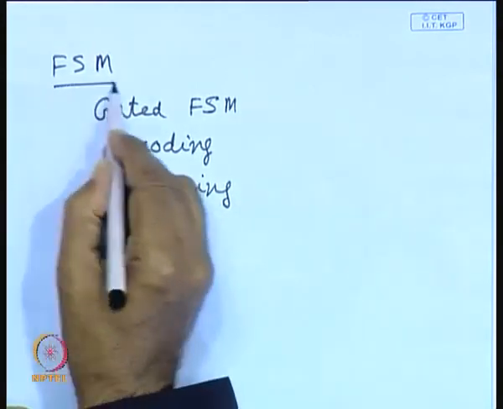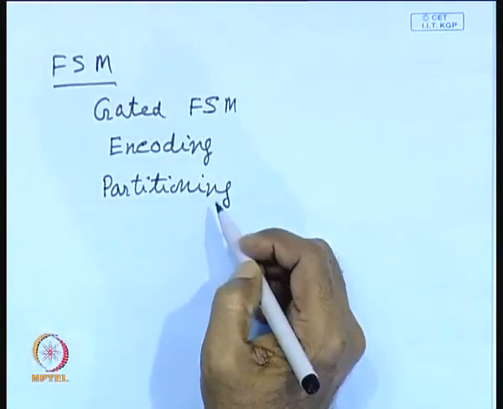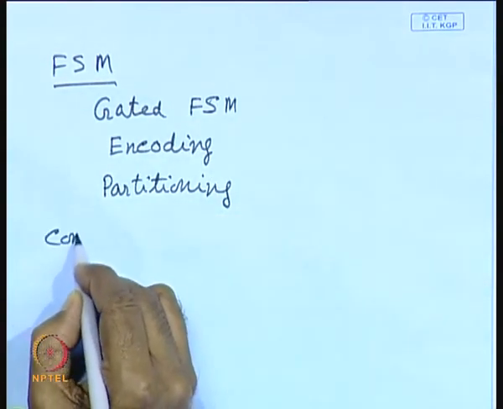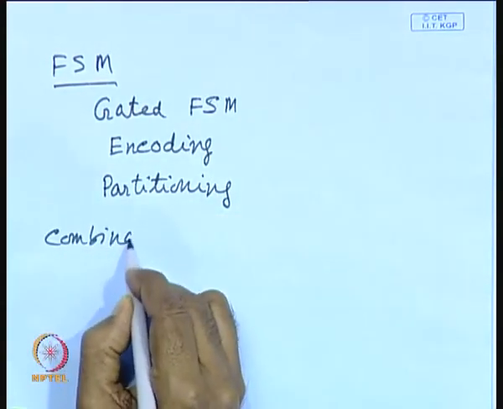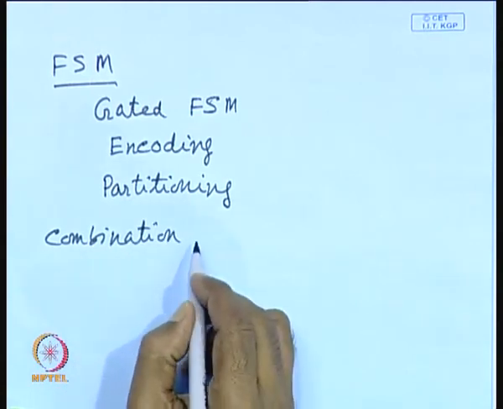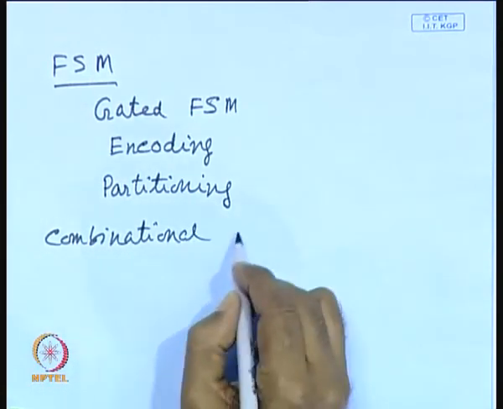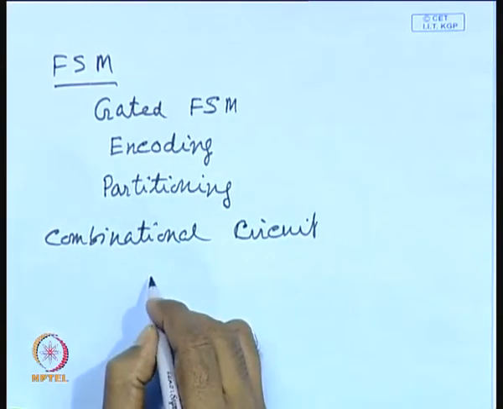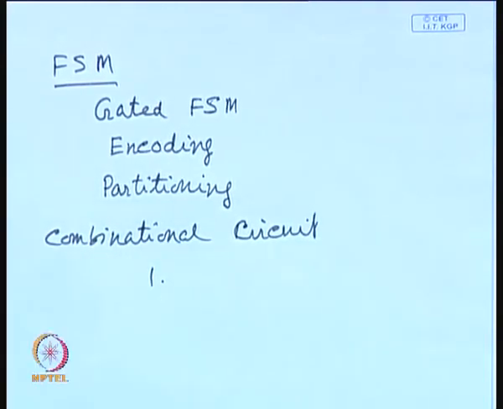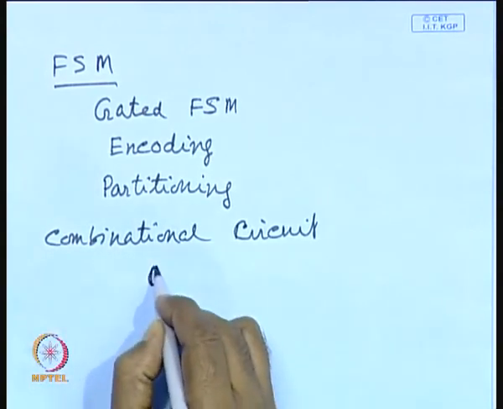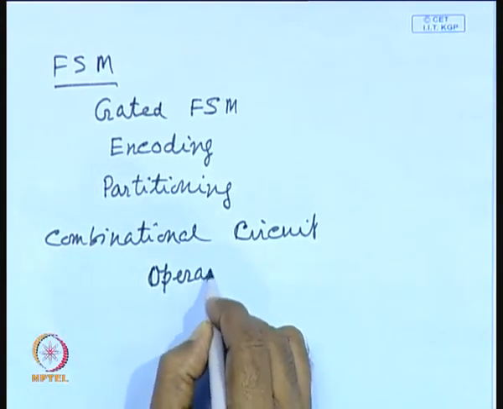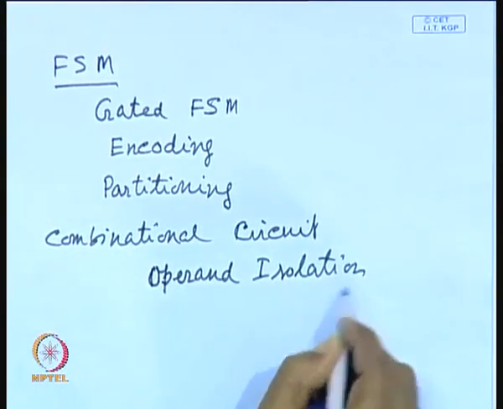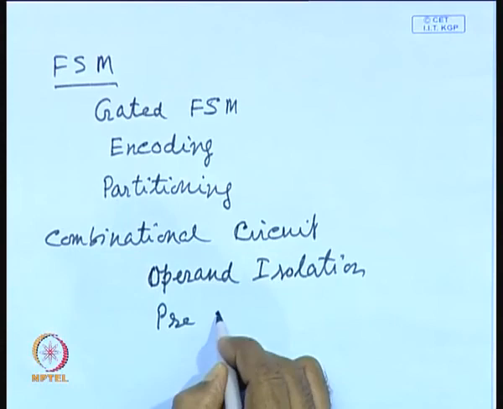With the help of these three techniques, you can reduce power dissipation in finite state machines, and in combinational logic blocks also you can reduce power dissipation by using two techniques. These two techniques are, number one, operand isolation, and second one was precomputation.